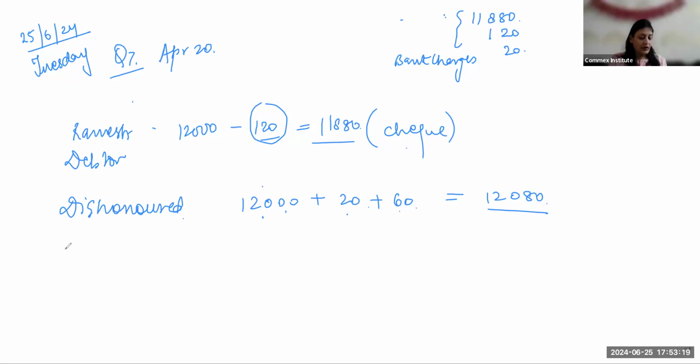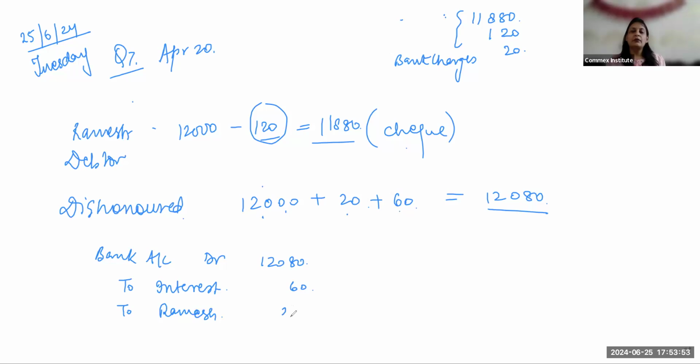Okay, so we are going to put the entry as bank account debit 12,080, to interest 60, and to Ramesh 12,020.